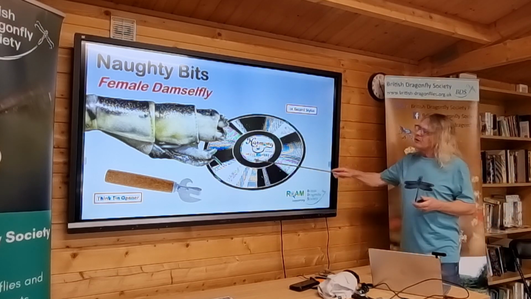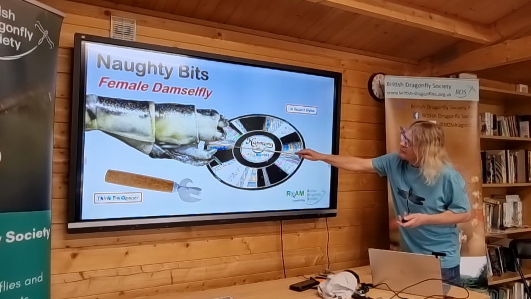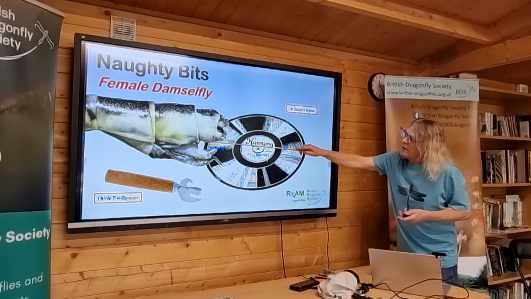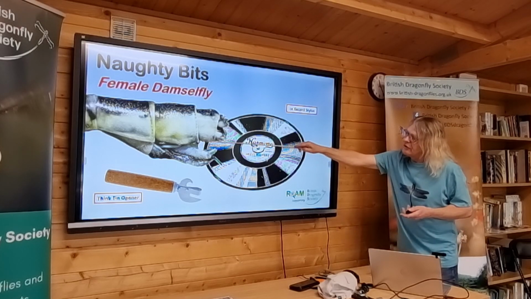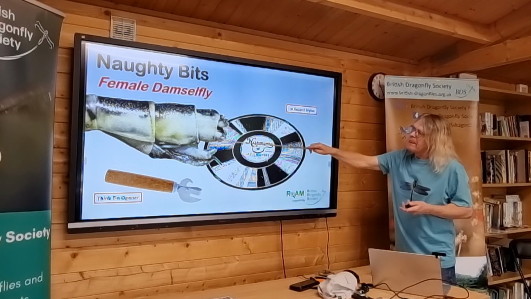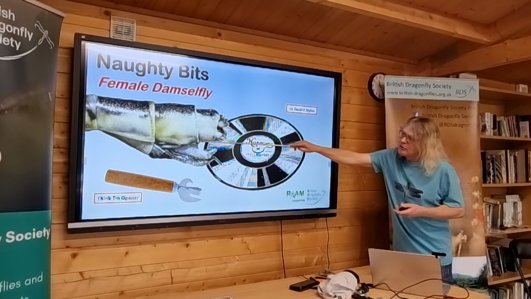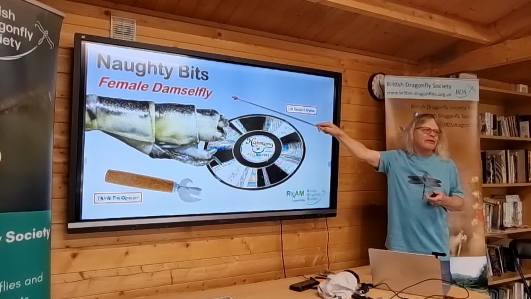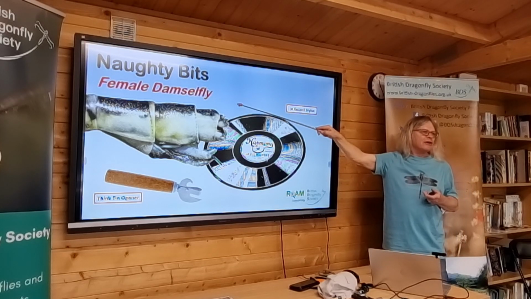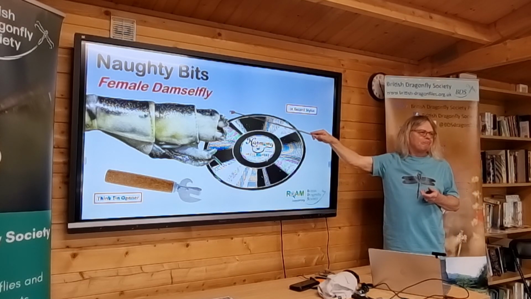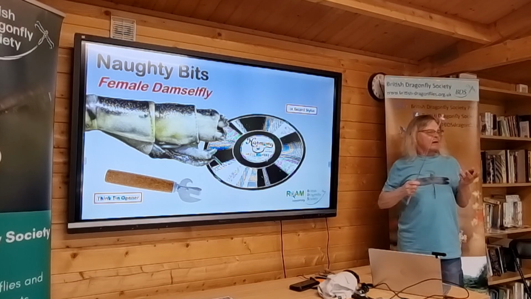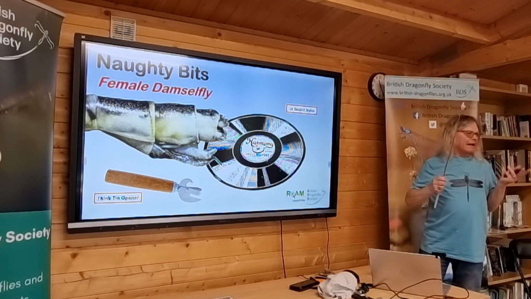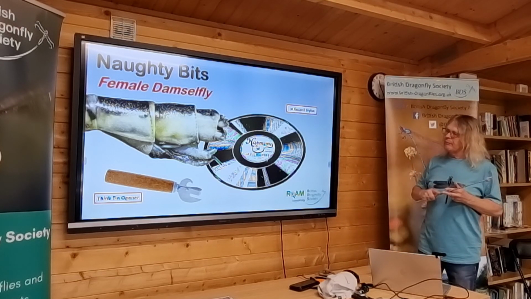If you can get a side-on view like this, you can tell the female will have this ovipositor. The male will have a flush abdomen. It will be completely flush. The male will have a lump on his second or third section of his abdomen, which is the secondary genitalia that I was talking about earlier on.